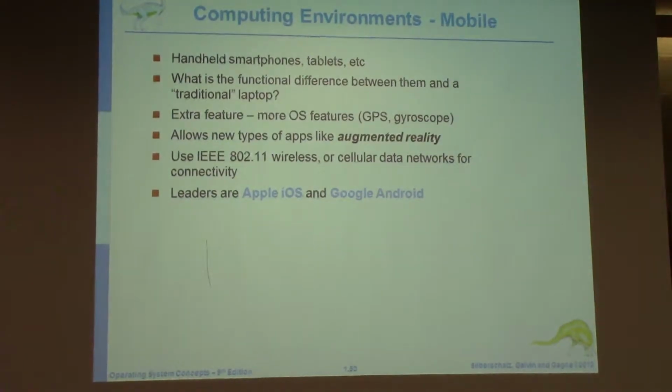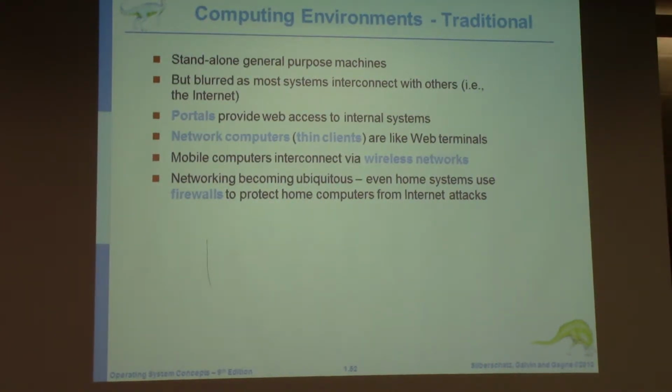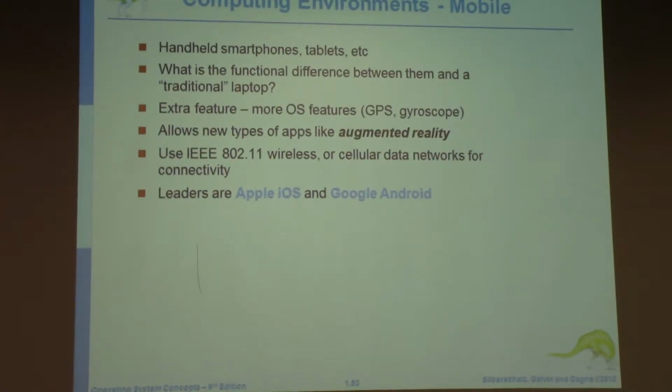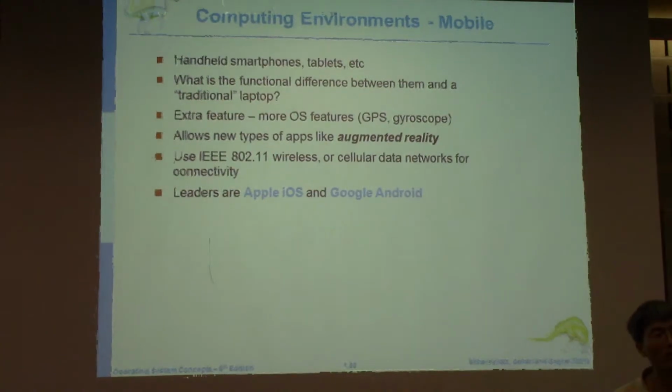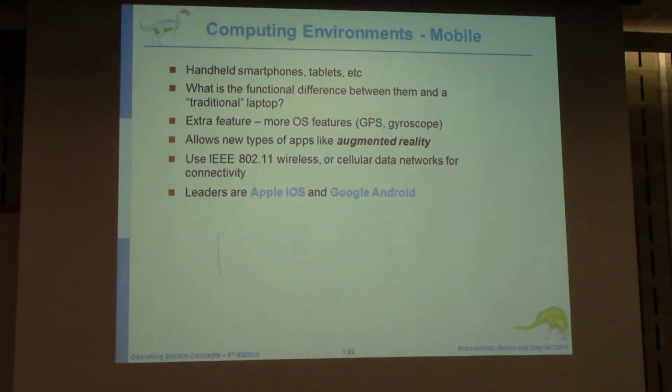The computing environment has changed. I'm not going to explain the traditional computing environment. I believe you already took the computer architecture as well as the networks course, so you understand the traditional computing environment, but it's changing now. Using a mobile device. What is a mobile device? It's a computer, the same computer as you had before, but connected to the network through wireless.